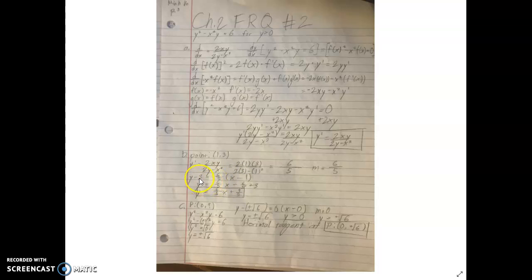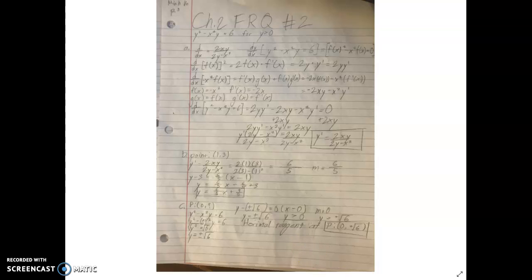So after we do that, we just move the 3 over to the right, and we distribute the slope for x and for negative 1. And so we get our final solution as 6 over 5 x plus 9 over 5. And that's our equation for the tangent line.